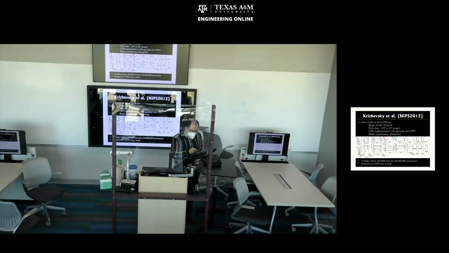This is AlexNet, right? So this is the same model as LeCun 98 or LeNet, but it is a bigger model. It has more data. And also it has already GPU implemented, and then better regularization, it used dropout.